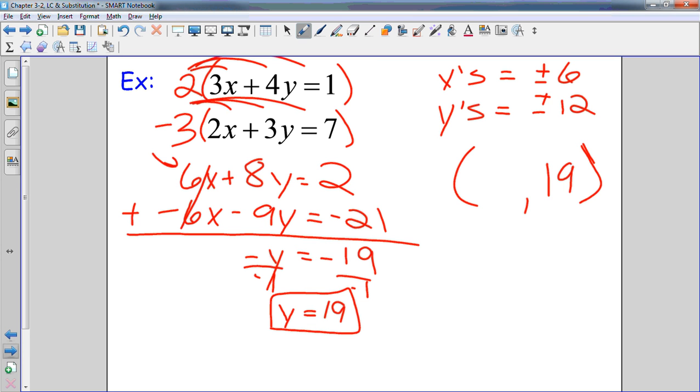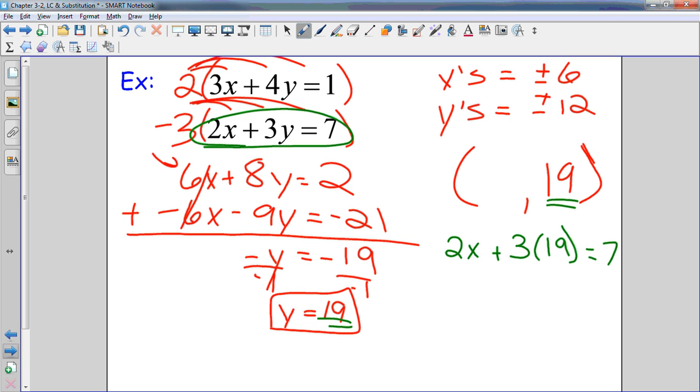Now, what do I do to find my x? Take an equation and plug it in. So I'm going to take an equation, I'll do this one. I don't really care which one you use. Okay, so I have 2 times x plus 3 times 19 equals 7. I put the 19 that I just found in for y. Y equals 19. Now find x. 19 times 3, 57.